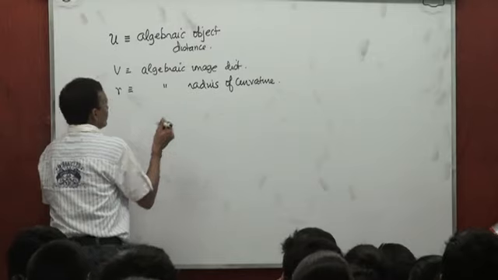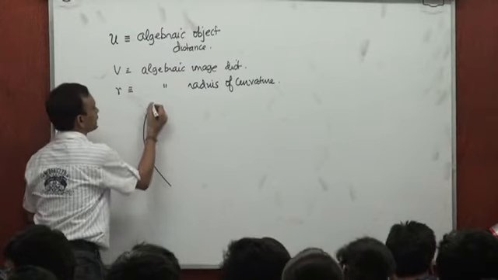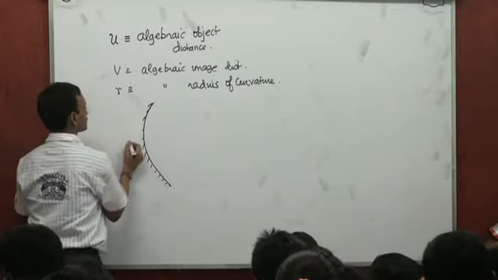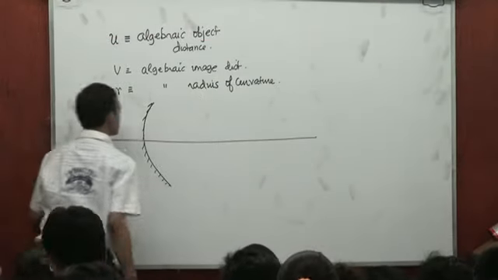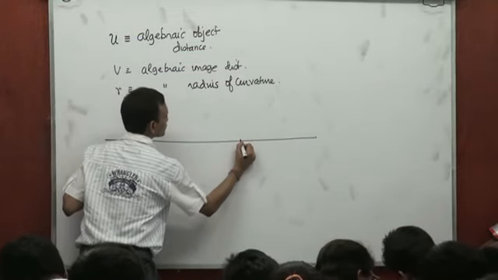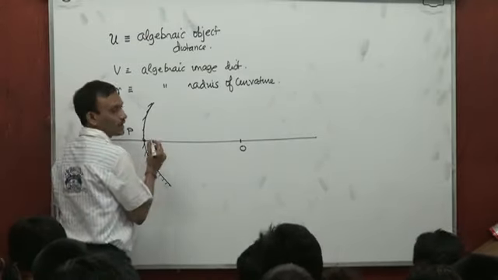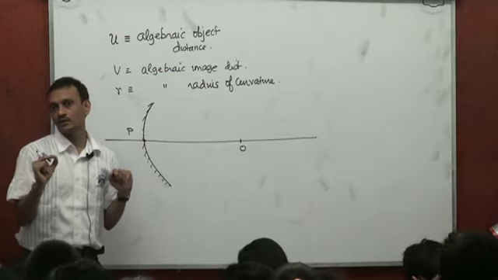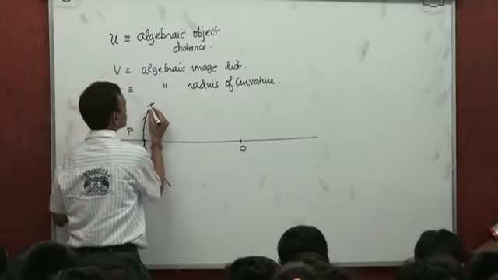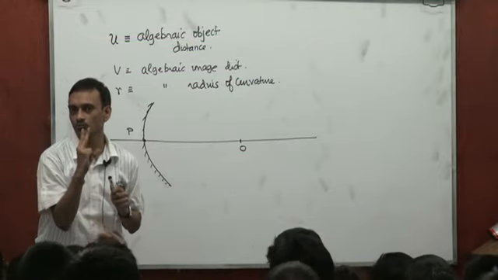So, let me look at a concave spherical mirror of this kind. This is the pole of the mirror, and an object O. Again, paraxial ray treatment, the image would be a paraxial image, and to locate the image, any two rays would bring out the image.